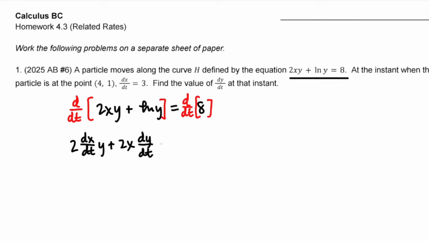Okay, then we're going to take the derivative of natural log of y with respect to time, and that would be 1 over y multiplied by the derivative of y with respect to time. And that's going to equal the derivative of 8, and that's going to be 0. Said it right, I tried to write 8. Okay, and then we know that x is 4, y is 1, dx/dt is 3.